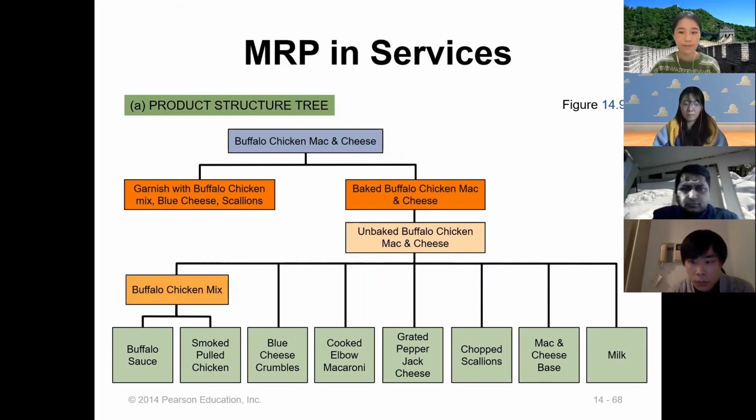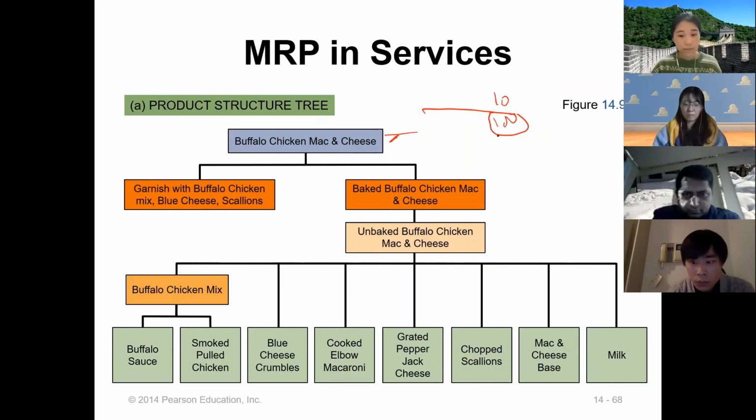But in this case also, I do not know whether you actually will order exactly this chicken mac and cheese. Okay, for example, at week 10, you need 100 of this.